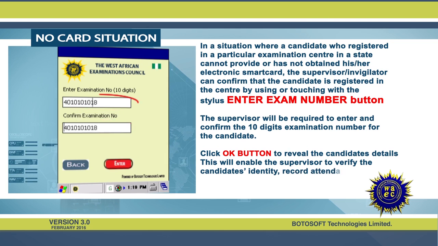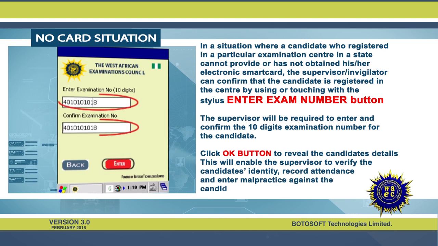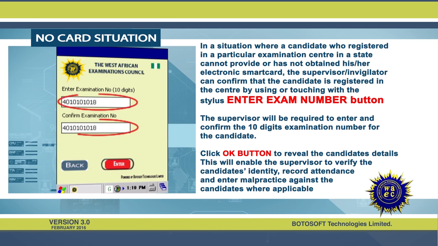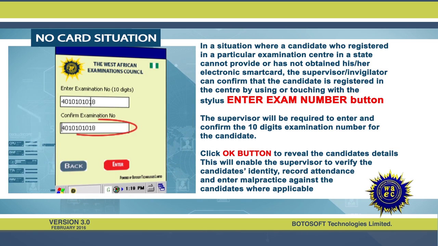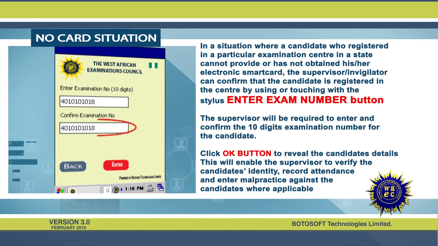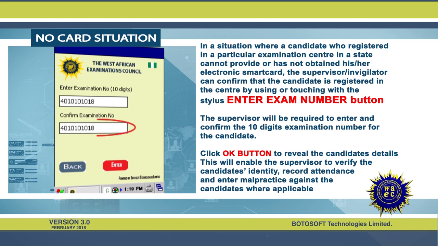The supervisor will be required to enter and confirm the 10-digit examination number for the candidate. Click OK button to reveal the candidate's details. This will enable the supervisor to verify the candidate's identity, record attendance, and enter malpractice against the candidates where applicable.